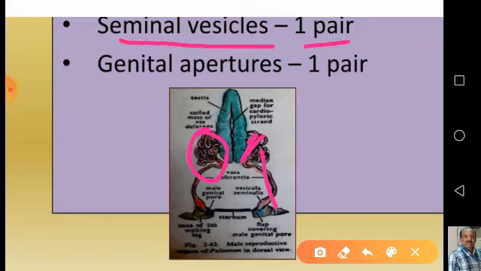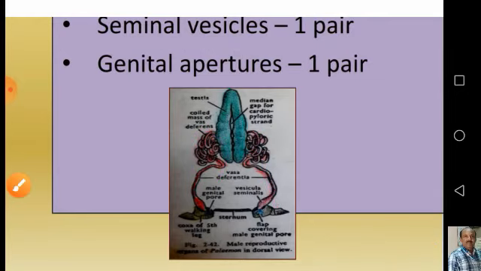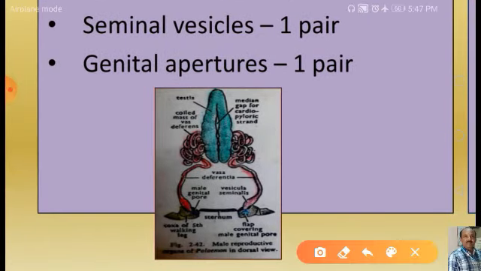I told you one pair is there. You can have a look here that the posterior-most part of each vas deferens has a swelling or bulge-like structure. Those are called seminal vesicles.